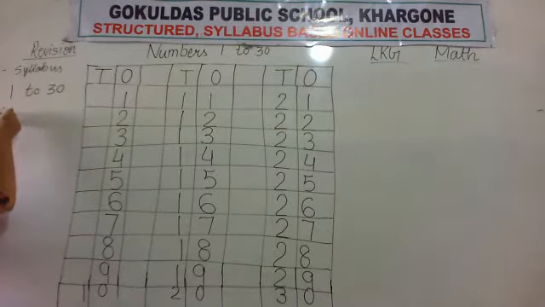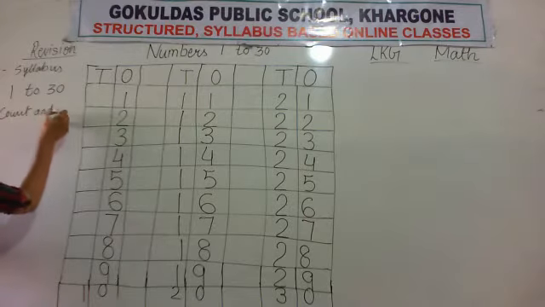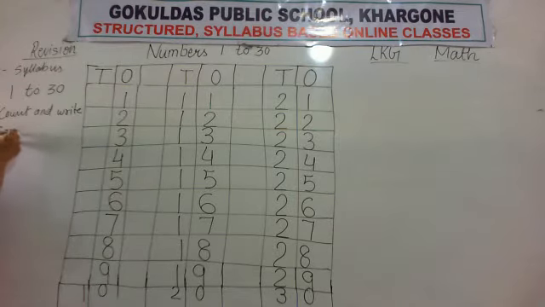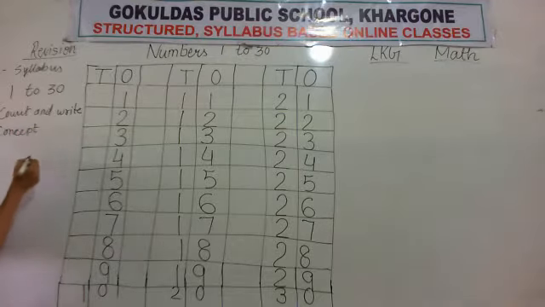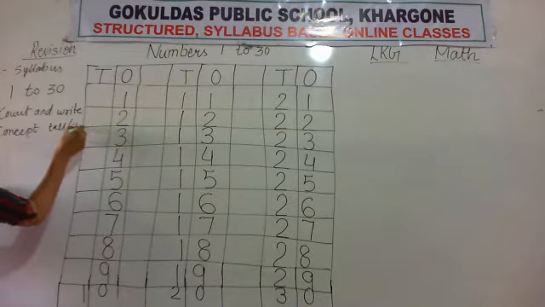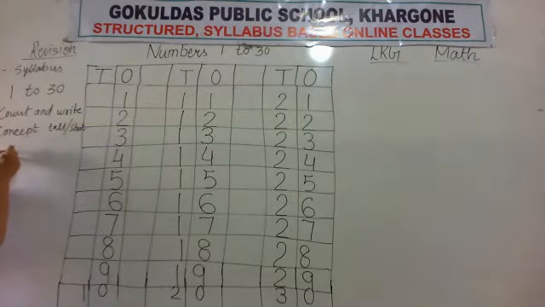Okay, count and write. Written: count and write and concepts. Concepts: tall, short, and big and small. Okay, this is your written syllabus.